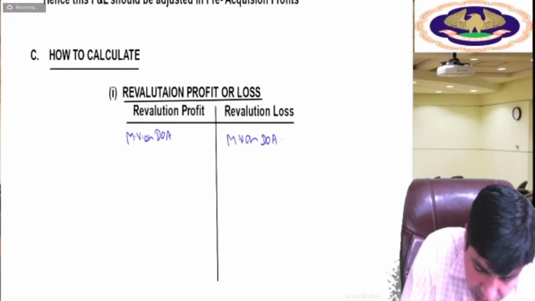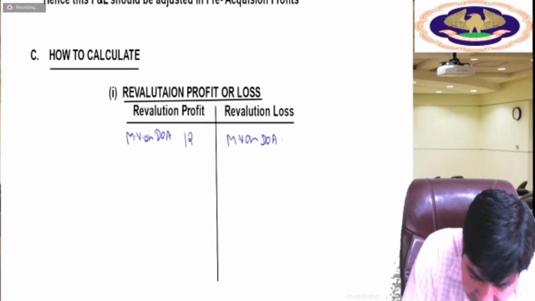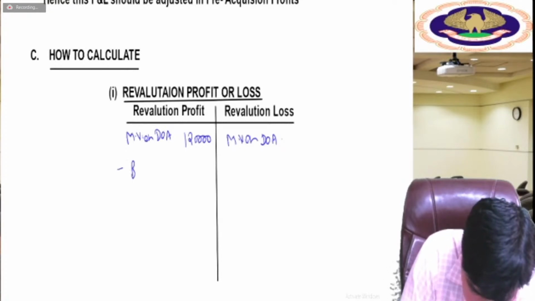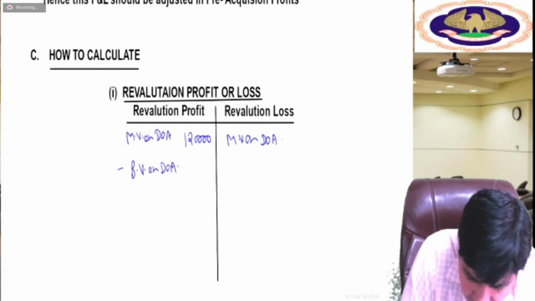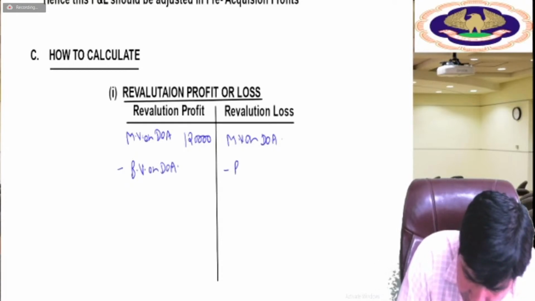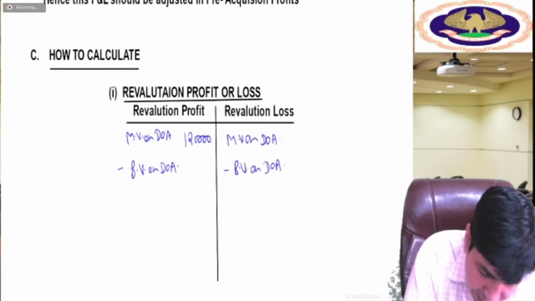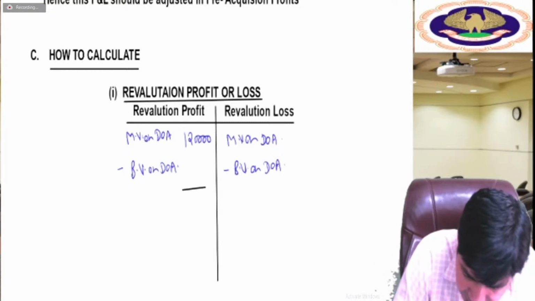Suppose this is 1,20,000 as per our earlier example we discussed, minus book value on the date of acquisition. Of course, we have to find that out by the way the question is giving us the depreciation rate, something like that. So we have to find it out first.